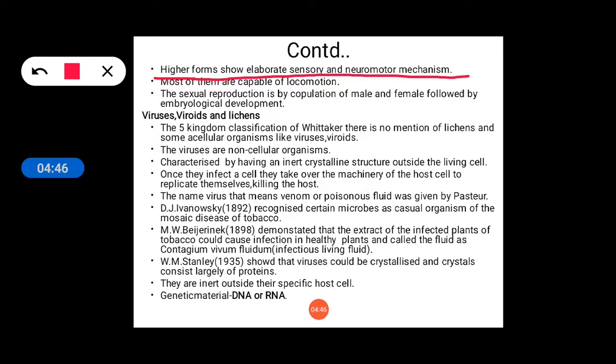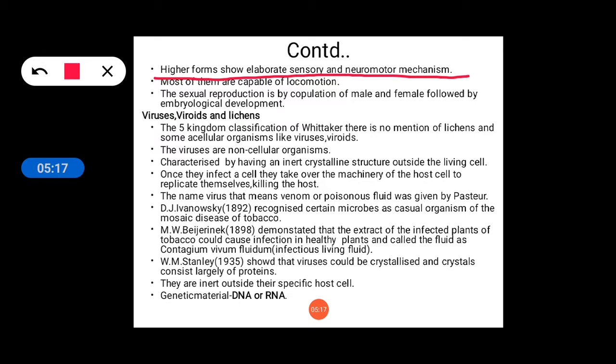Suppose we place our hand above a lighted candle. What will happen then? We will feel the heat, right? This is how we sense the heat. Then automatically we bring our hand back from the lighted candle, and this is the neuromotor system working. I think it is clear now.